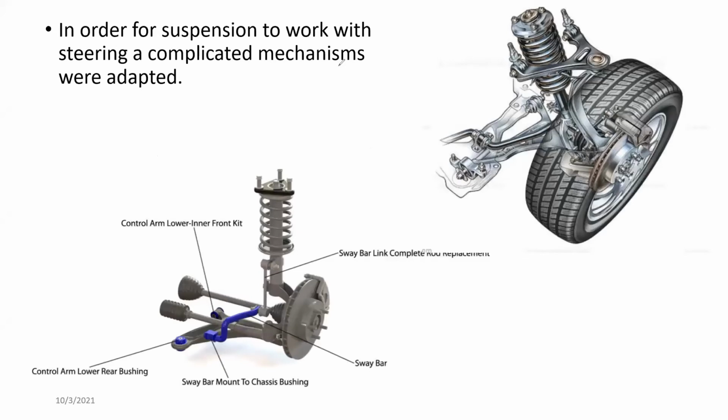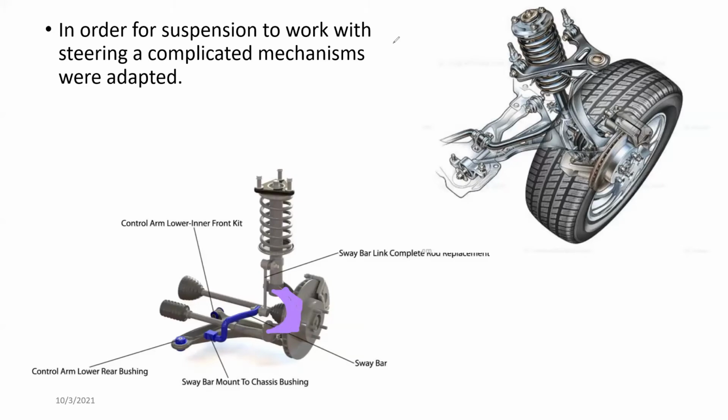Okay, so now I can actually show you the steering knuckle. This whole section over here is a cast part, cast aluminum or cast steel or something like that. This part is known as the steering knuckle.